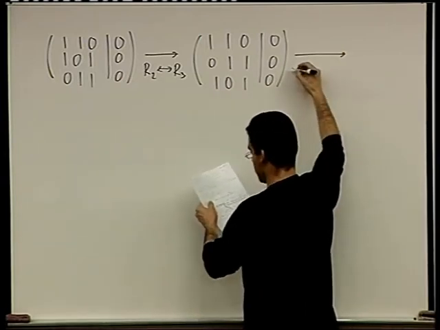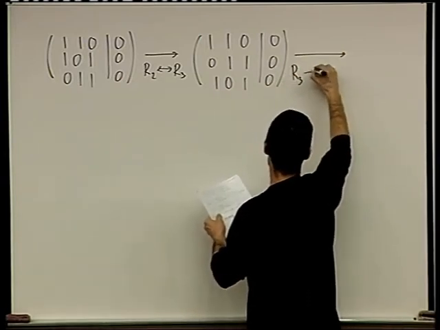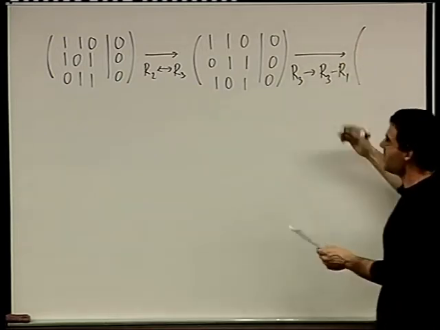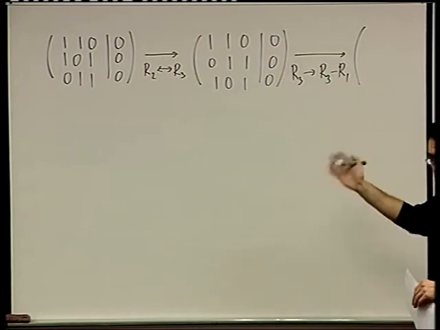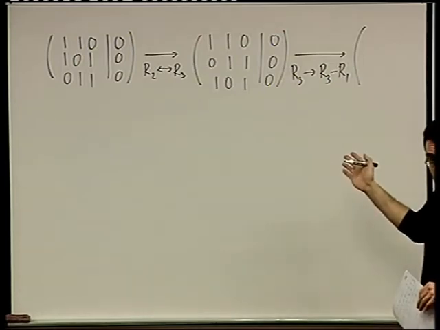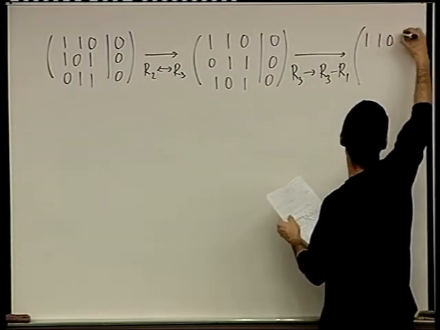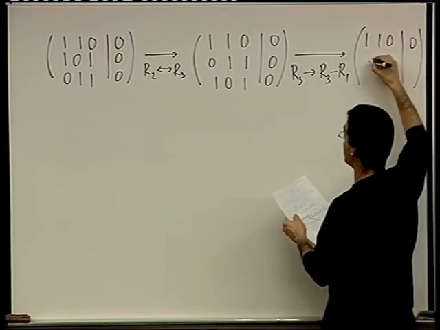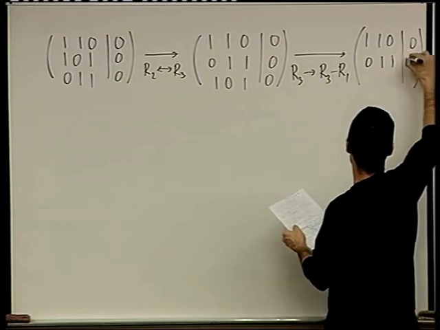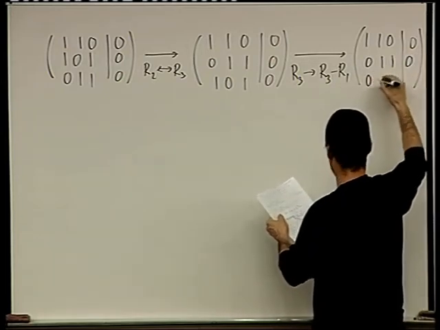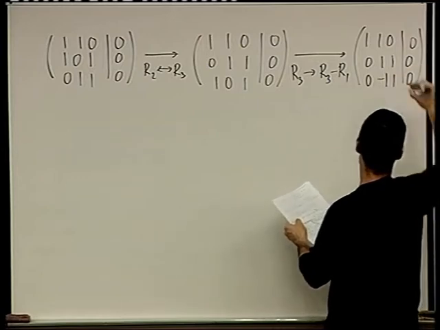Then we can replace R3 by R3 minus R1. Does everybody see exactly the motivation for every step? You're already feeling good with these sort of things, right? Okay, so we get 1, 1, 0, 0, 0, 1, 1, 0, and then R3 minus R1, we get negative 1, 1, 0.